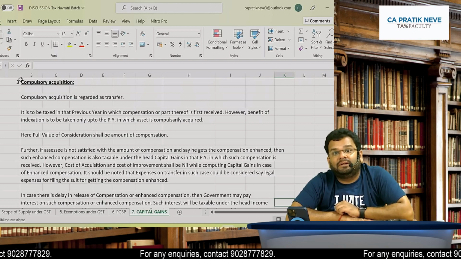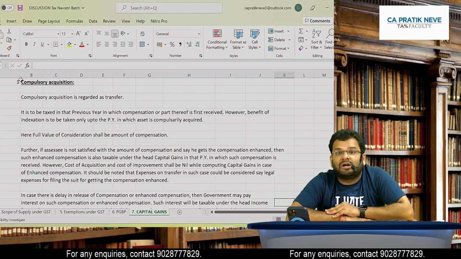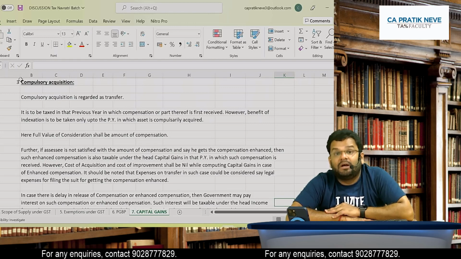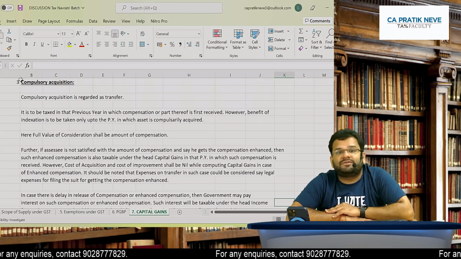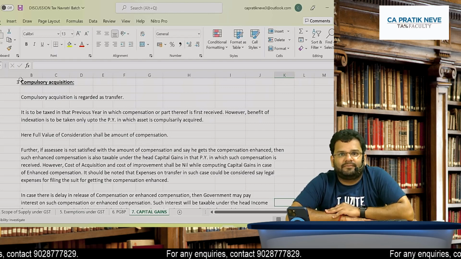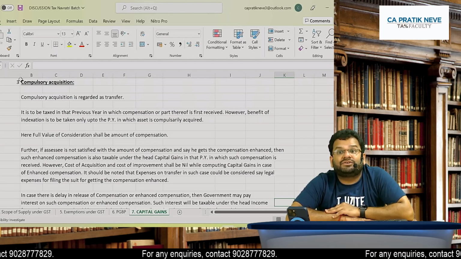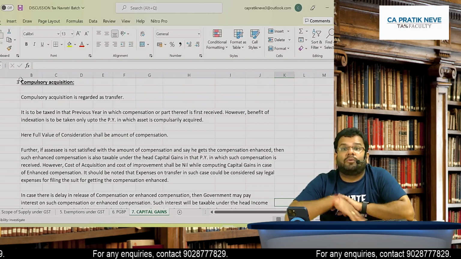What will happen if after few years or after few months your compensation part was increased? Then what is that called as? Enhanced compensation.